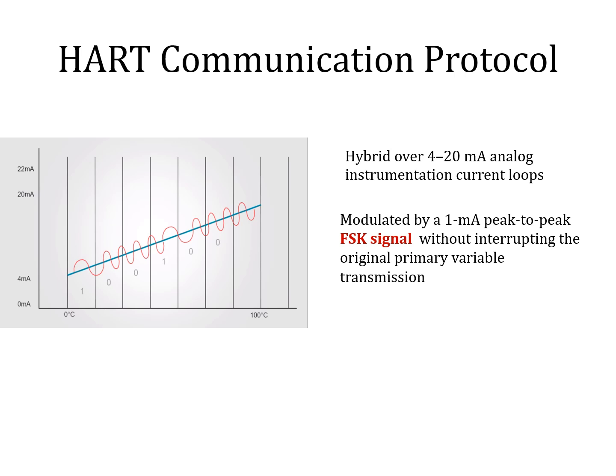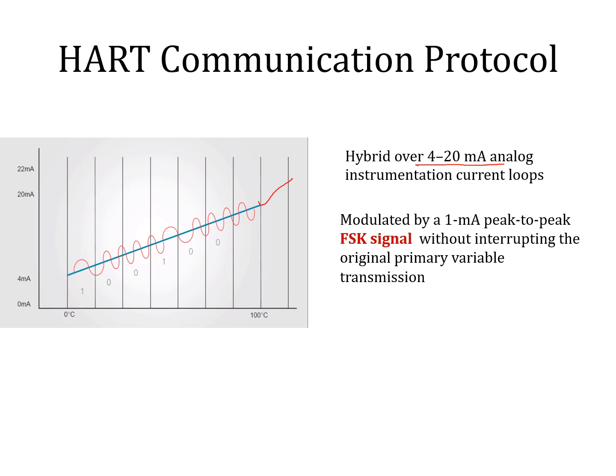Now, coming back to the HART communication protocol. As I have told you, it is hybrid over the 4 to 20 milliampere analog current loop. In this diagram, the blue line represents the 4 to 20 milliampere analog signal, which is continuously increasing. Over this signal, we have superimposed a wave shape, or an FSK signal, frequency shift keying, which works on the principle of frequency shift keying.